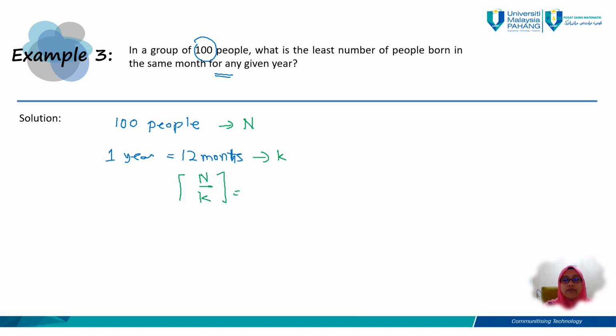So we have 100 divided by 12, which is equal to 8.3333. Because we use the ceiling bracket, we need to round up the number to the next integer. So we have 9, at least 9 people.